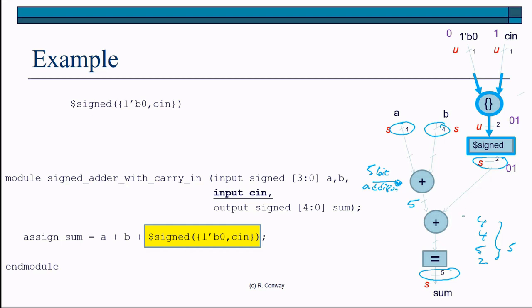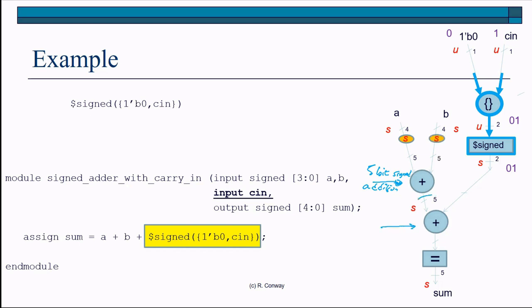To determine the sign, because it's context determined, we look at the sign of A, the sign of B, and this sign. All are signed, so that makes this a 5-bit signed addition, and the output will be a signed value. The inputs to this addition need to be sign extended, since it's a signed addition, from 4 to 5 bits.